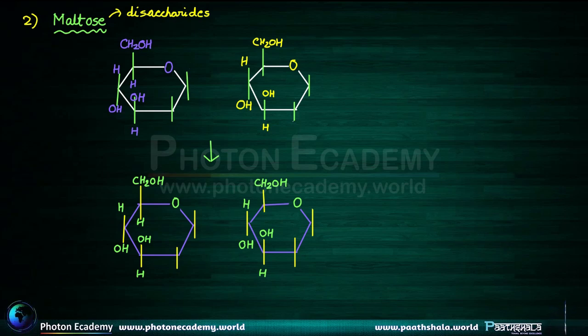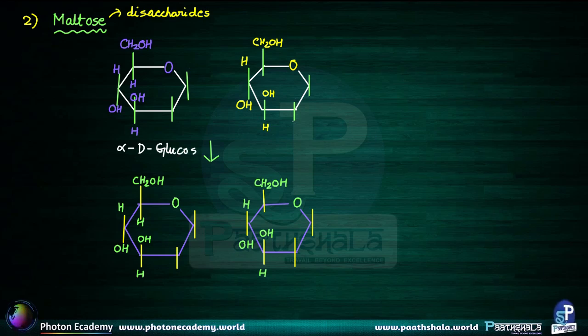Now, two monomeric units, what are they? Both of them are alpha D glucose. So we'll be writing alpha D glucose here as well as at this place. So two monomers which are actually the same. And how do we write alpha D glucose?